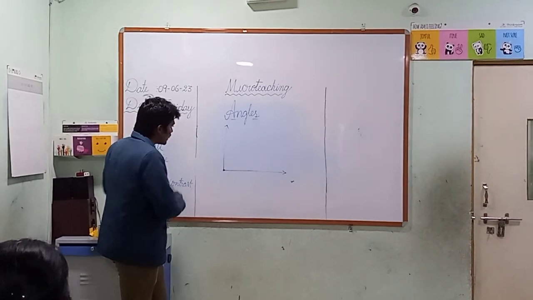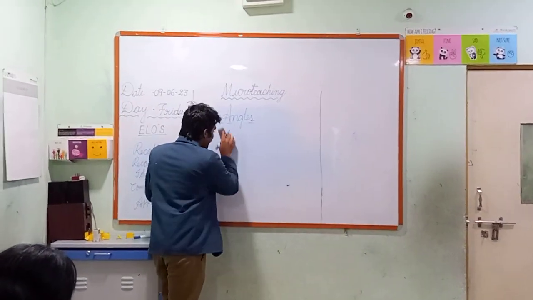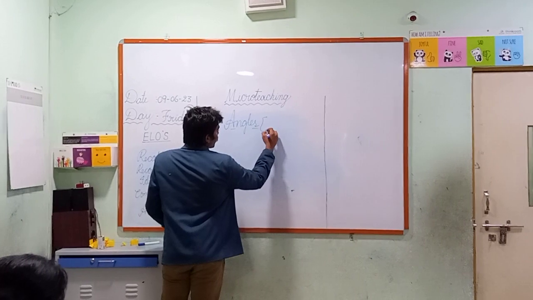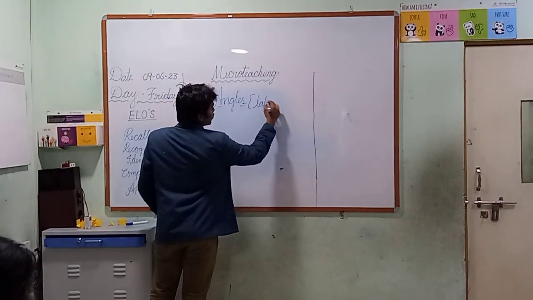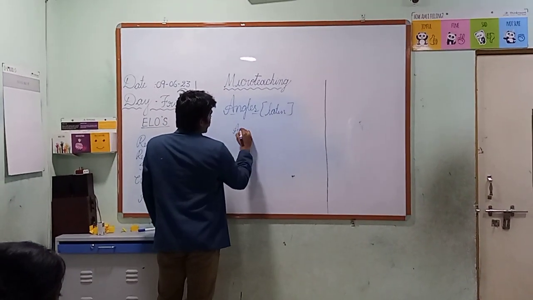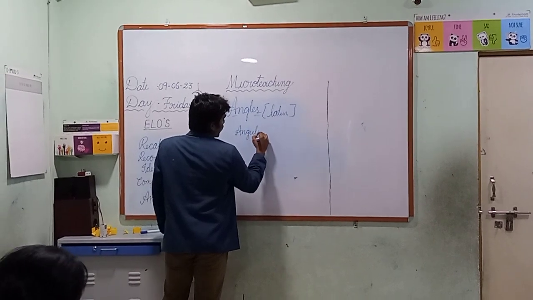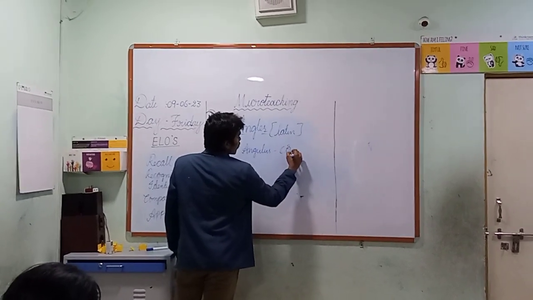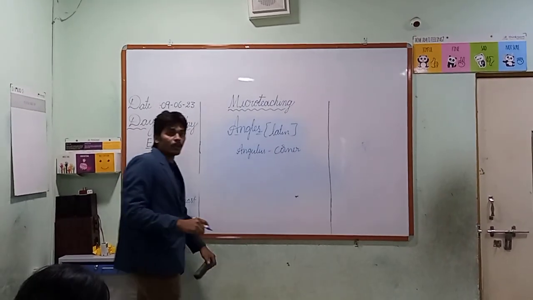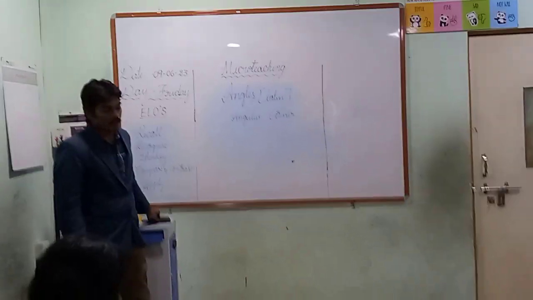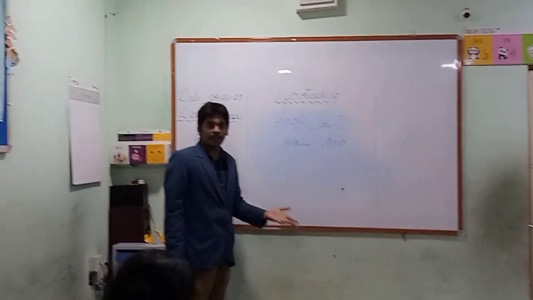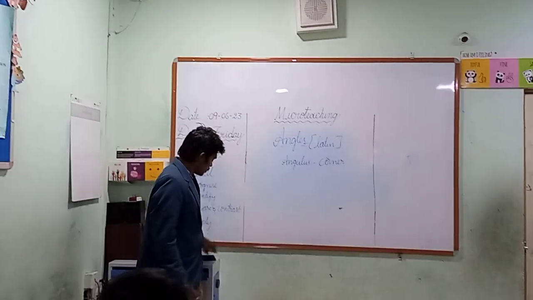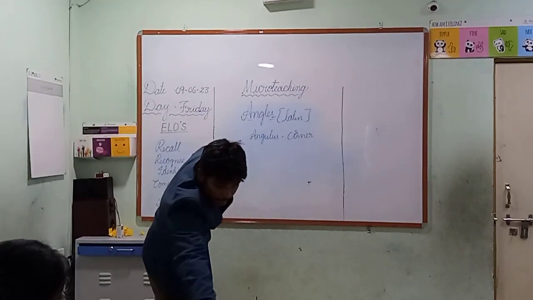What is the meaning of angle? Angle is a word derived from the Latin root word angulus, which means corner. So angle means nothing but corner. There are different types of corners, so we will see what those are.